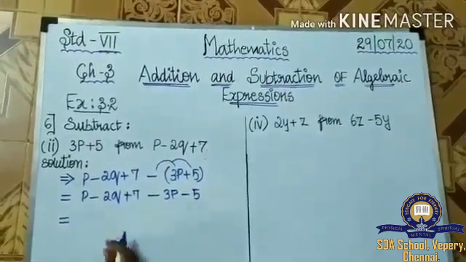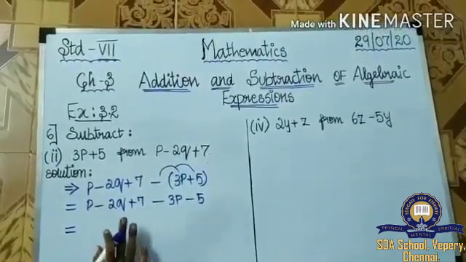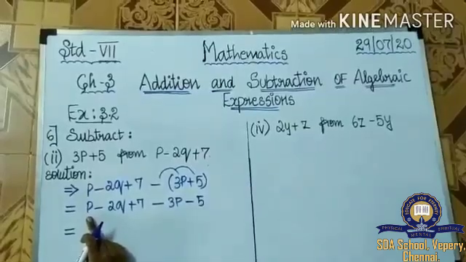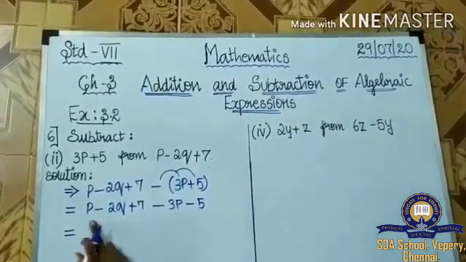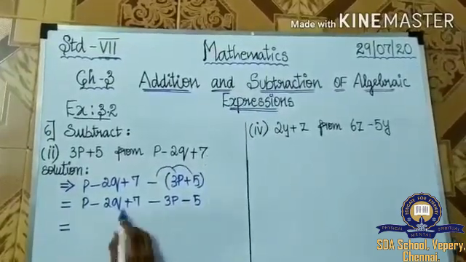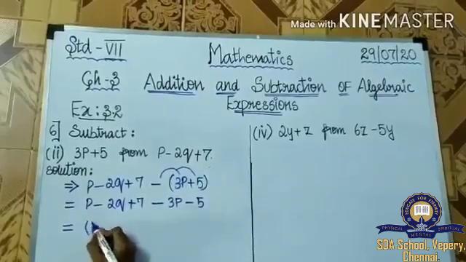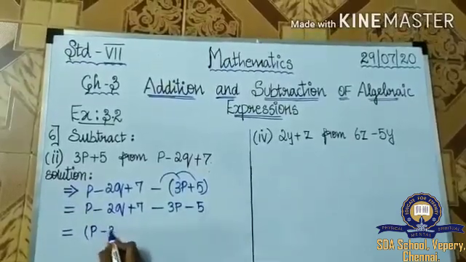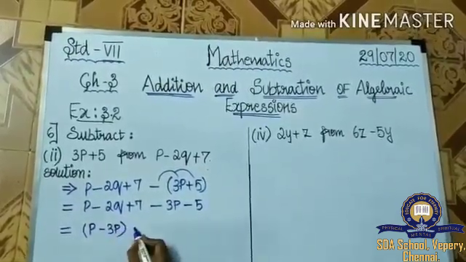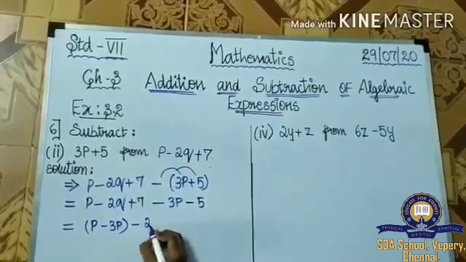and then minus into plus we will get minus 5. And the third one is we already know that the like terms should be added or subtracted, right? So first we will add the like terms. Here we have 3 like terms. See p and then q and then the constant. First we will add the p terms. So p minus 3p and then this is subtract. So you put subtract 2q.